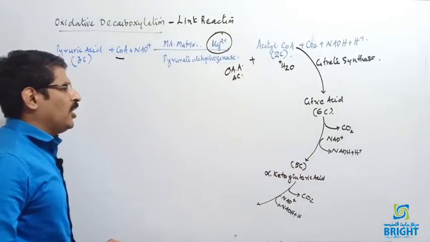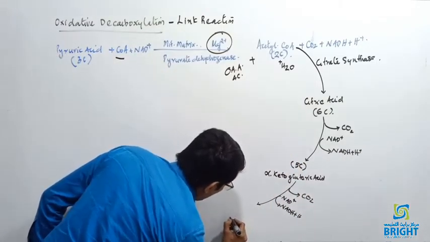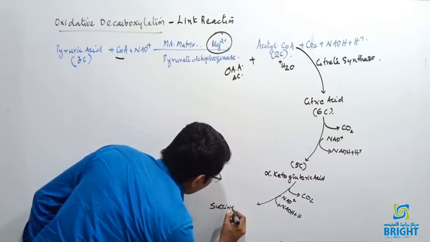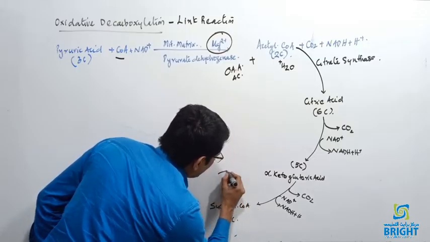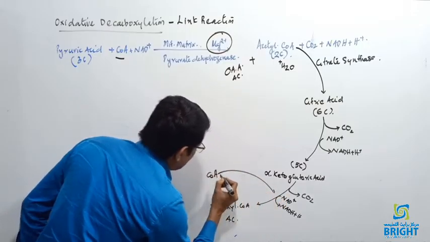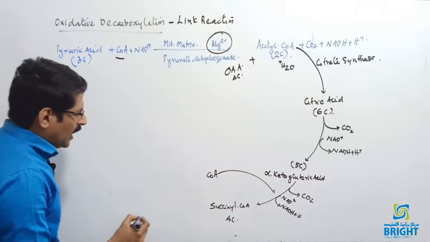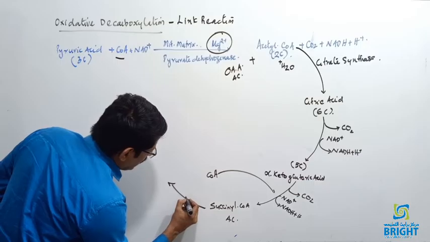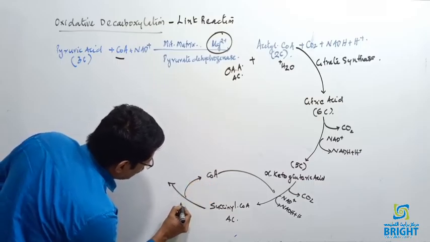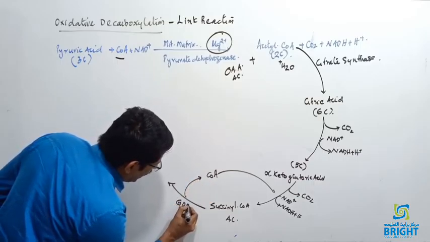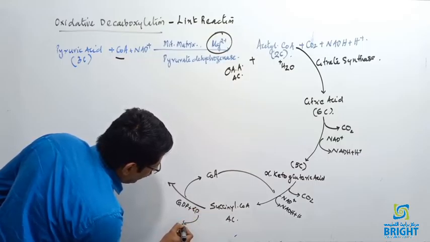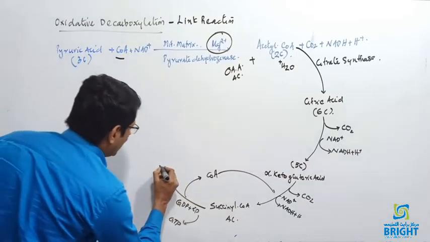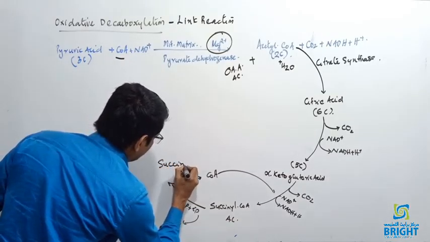Here the alpha ketoglutaric acid is a 5-carbon compound. When one carbon dioxide is released, it will be converted into a 4-carbon compound, and that is called succinyl coenzyme A, because here one coenzyme A is added. And succinyl coenzyme A releases the coenzyme, and it is coupled with one GDP molecule combined with inorganic phosphate and converted into GTP, and succinyl coenzyme A will be converted into succinic acid.